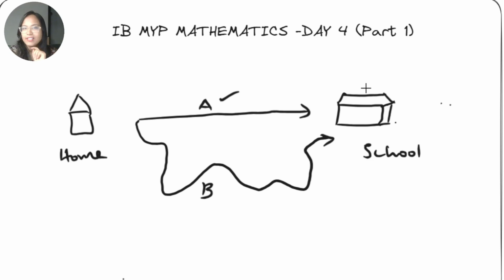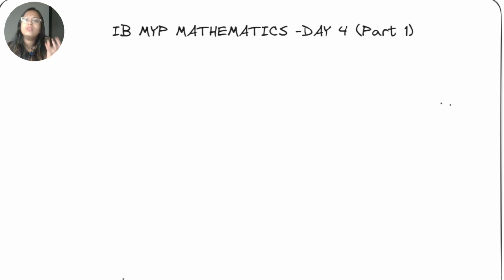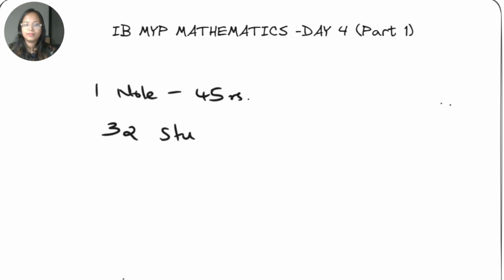Let's do one more activity together. Imagine you are buying notebooks for your class. One notebook costs 45 rupees. There are 32 students. How much money do you need? Before multiplying, ask yourself what information do I know, what am I trying to find, and what operations do I use.